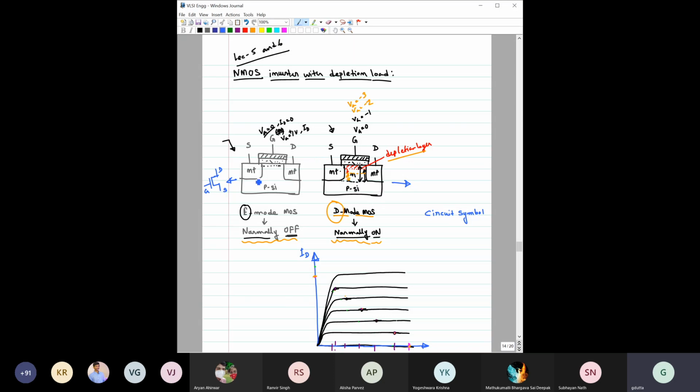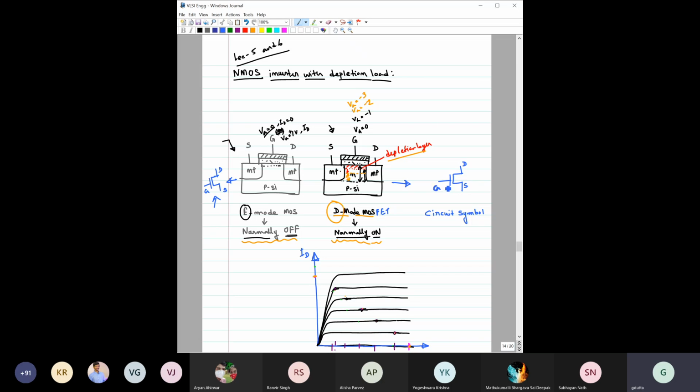which is regarding the circuit symbol, right? So for normal MOSFET, you know the circuit symbol is like this, right? For NMOS. The circuit symbol for this type of depletion mode MOSFET is represented in this way. This part is again the same as that of the enhancement mode or E mode MOSFET.